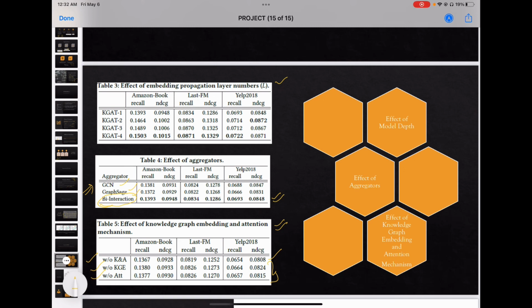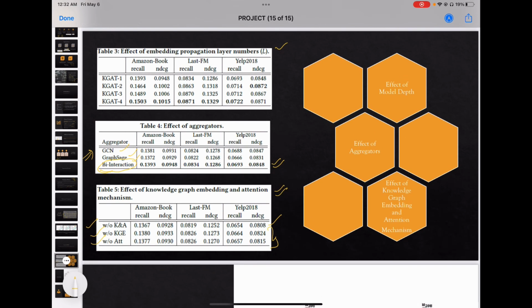Also, it is noteworthy that in comparison to the last setting, the second setting works better in most cases. One possible reason is that treating all neighbors equally might introduce noise and mislead the embedding propagation process. This verifies the substantial influence of the graph attention mechanism.